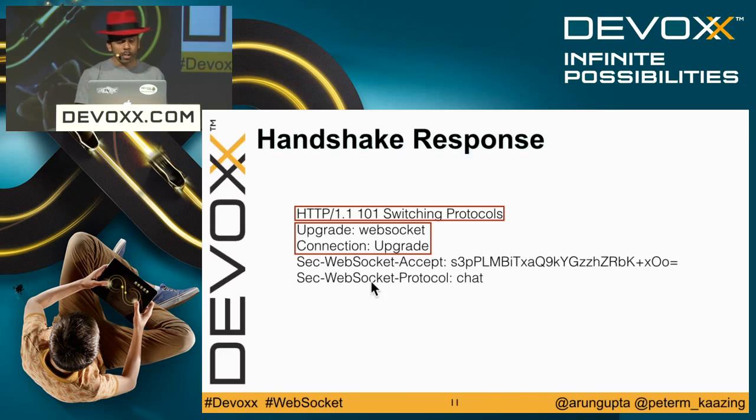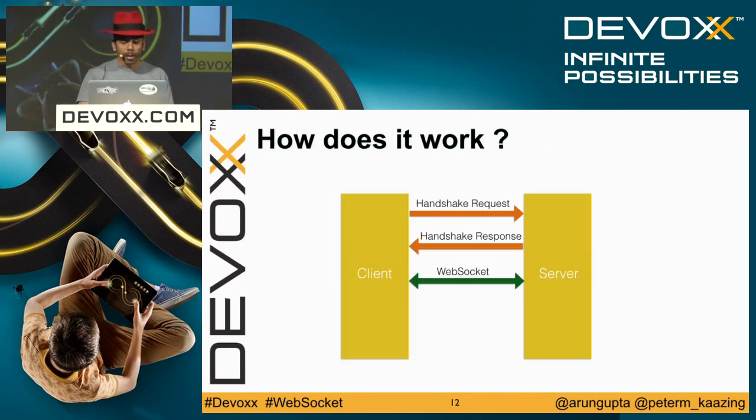In addition, it also sends you the Sec-WebSocket-Accept header, where it takes the Sec-WebSocket-Key that was sent as part of the request, applies an algorithm to it, generates the Sec-WebSocket-Accept value and sends it back. That's what says the protocol handshake is now complete. With that, once the handshake is complete, the client and the server are then engaged.